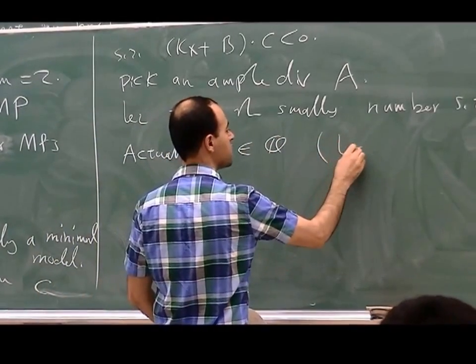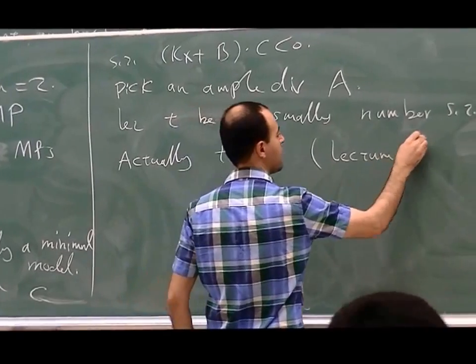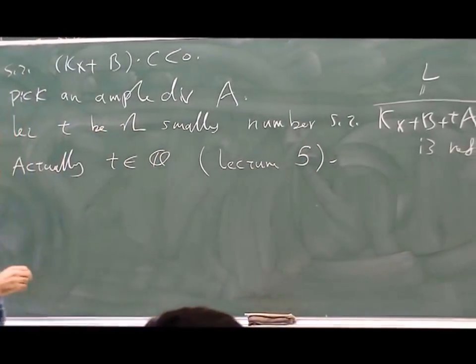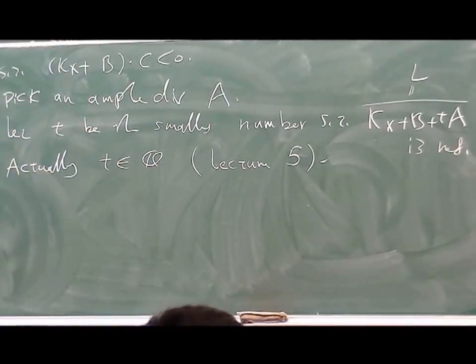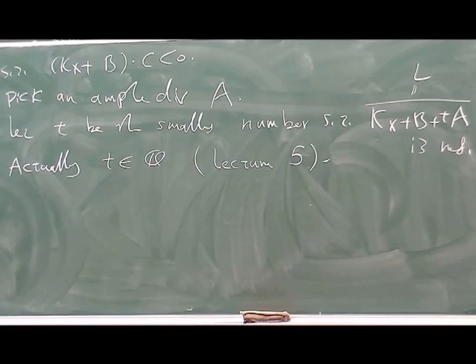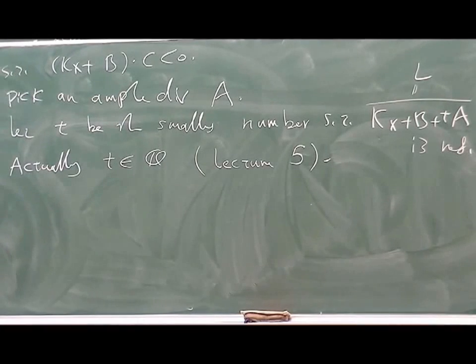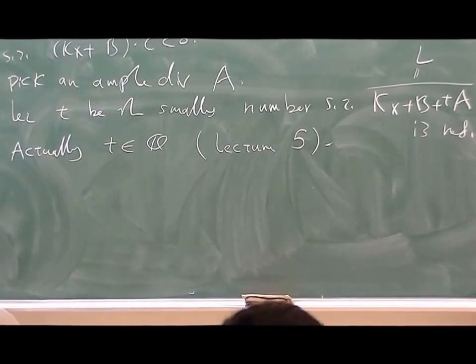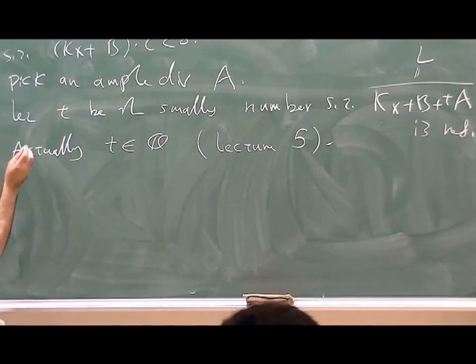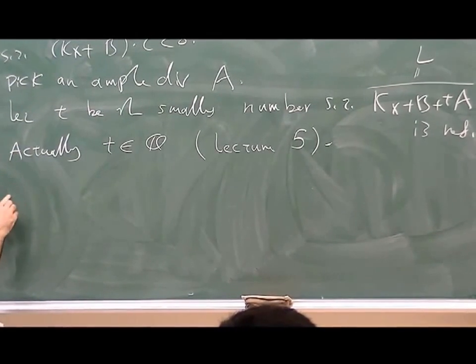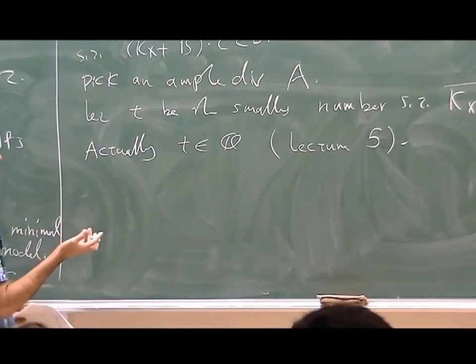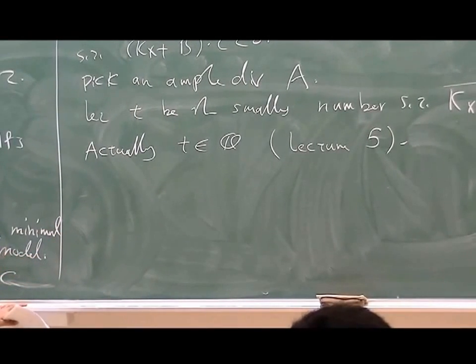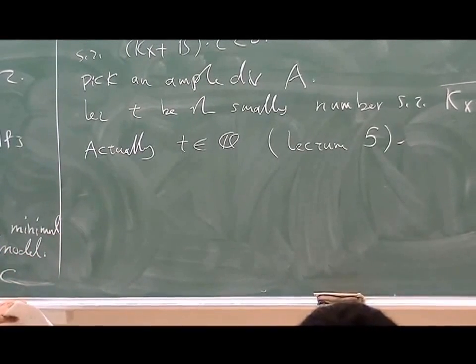And this will be discussed in lecture 5. So let's leave that for the moment. But you don't really need to worry so much about it. Just assume that it's a rational number. Now, suppose that L is nef, so it has a numerical positivity, but assume that it also has a geometric positivity.